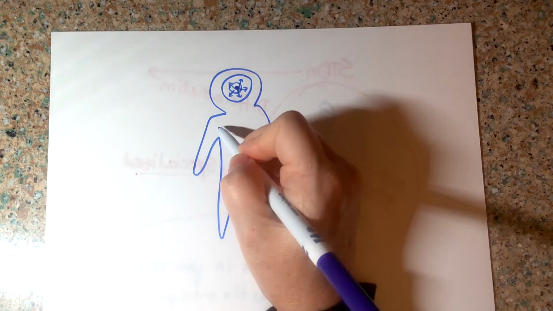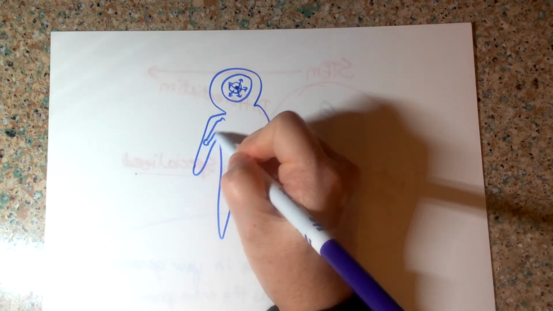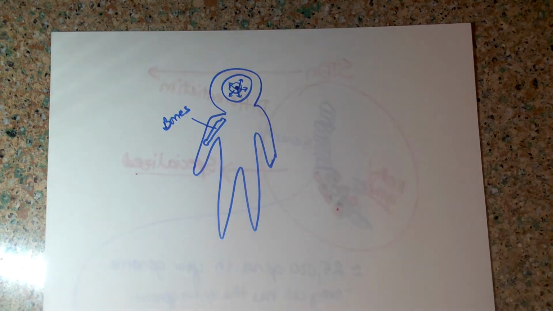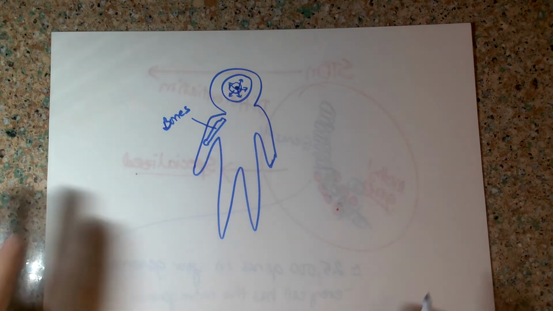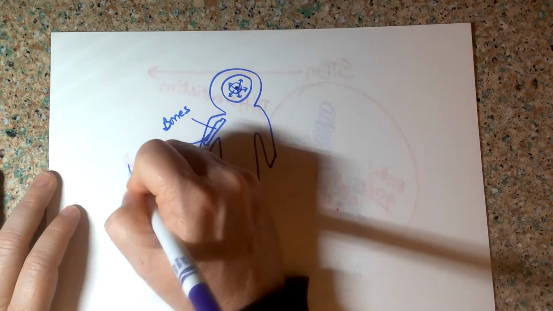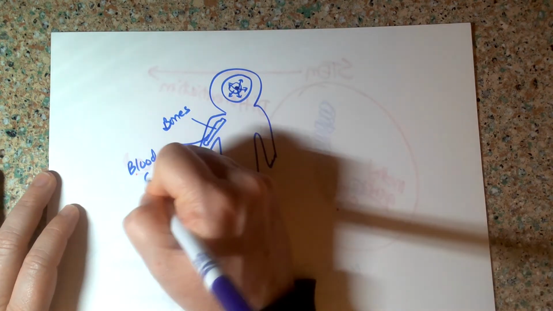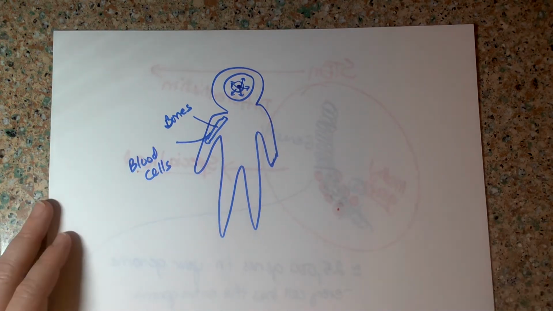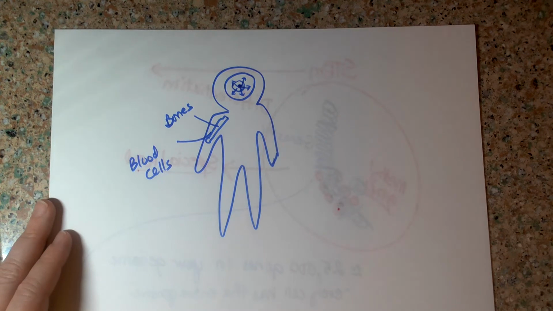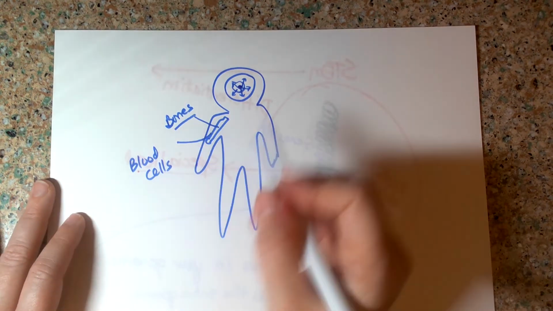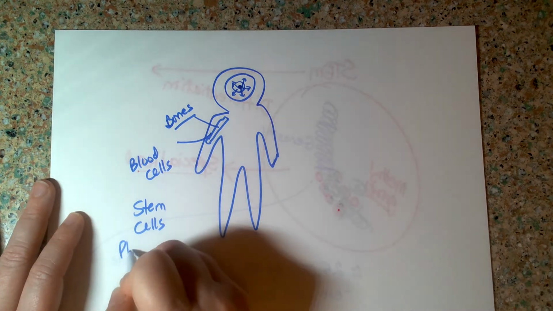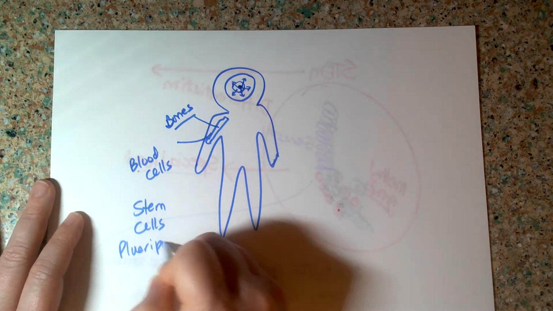Now, in your body, nice little gingerbread man here, in your bones you have a lot of stem cells too, because your bones are constantly making all your blood cells. So inside there, they make red blood cells, white blood cells, they make your platelets, they make some of your immune cells. So inside the bone, there are stem cells, and they're called pluripotent.